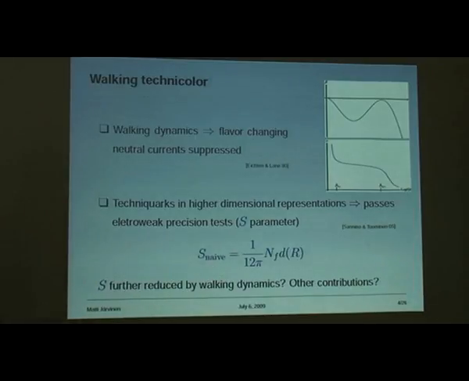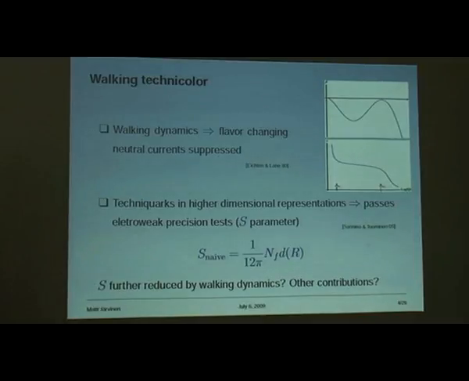If you calculate the most naive perturbative estimate of the S parameter, it's proportional to the fermion number, so that's why you want to reduce it. And in addition, there are some reasons to believe that the S parameter is further reduced by this walking kind of dynamics.